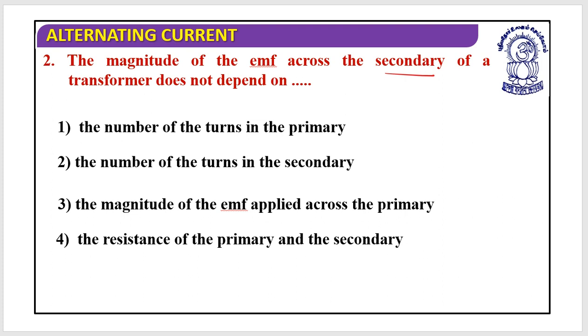As you can see, ES divided by EP is equal to NS by NP. So the number of turns in the primary, it definitely depends. The number of turns in the secondary, it also depends. The magnitude of EMF applied across the primary, it depends on this, but it does not depend on the resistance of the primary and the secondary. So this will be the correct answer. I hope this is clear.